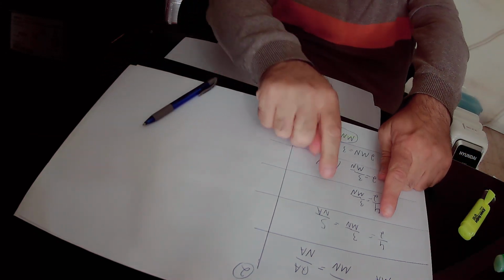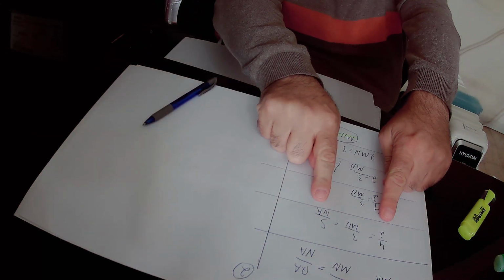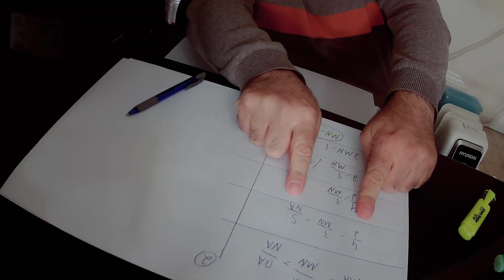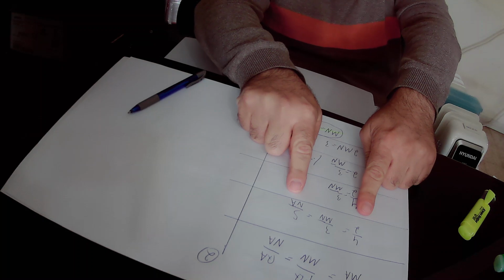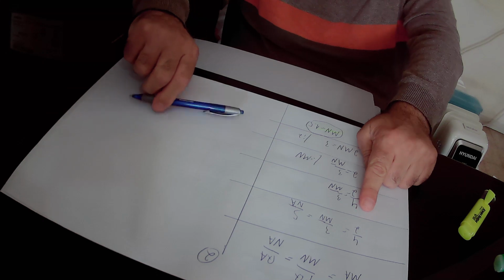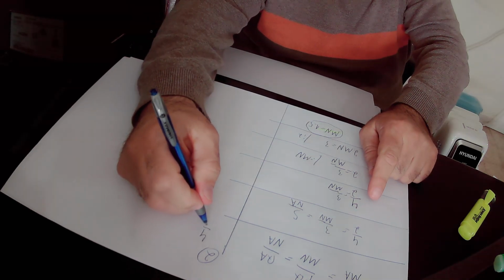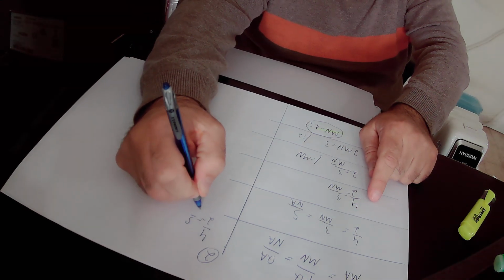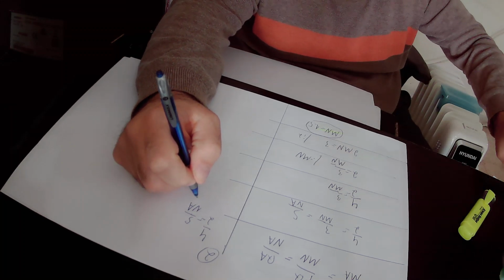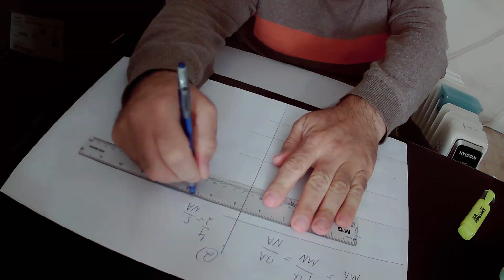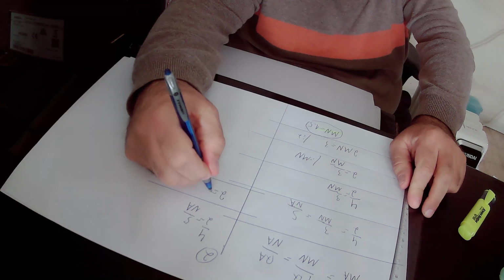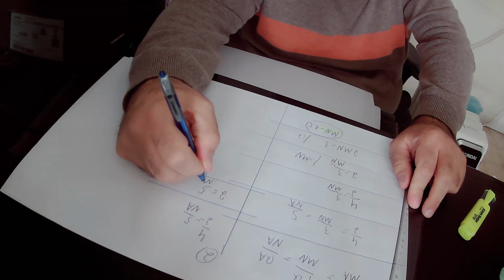From this equation, we also conclude that 4 over 2 equals 5 over AN. Four over 2 is 2, and 2 equals 5 over NA.